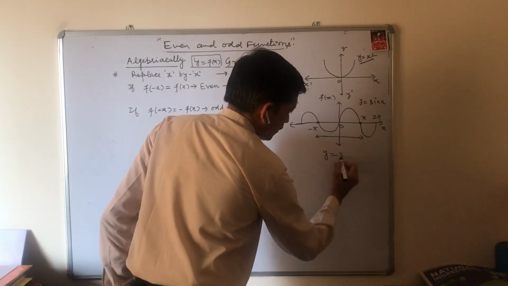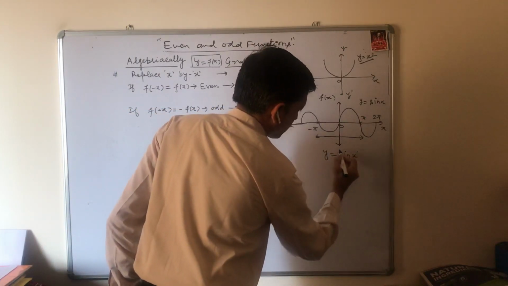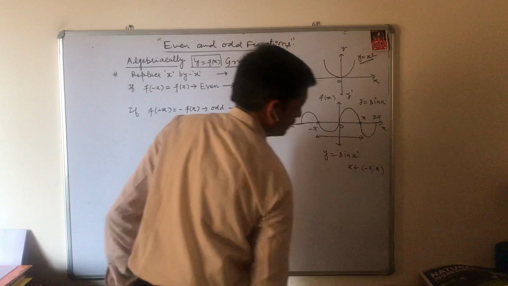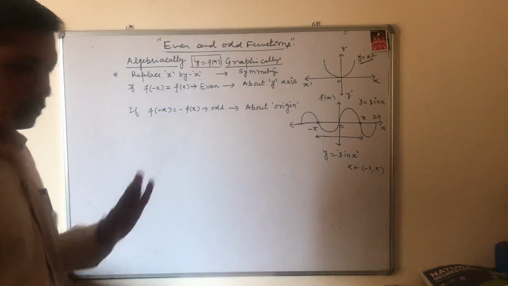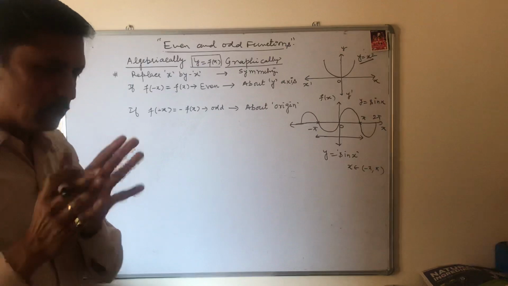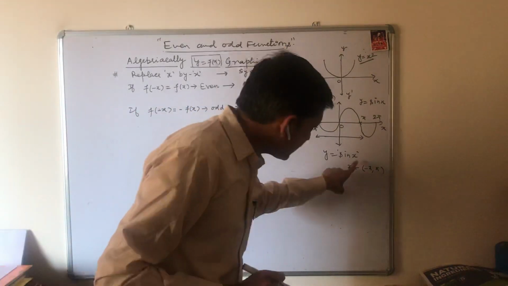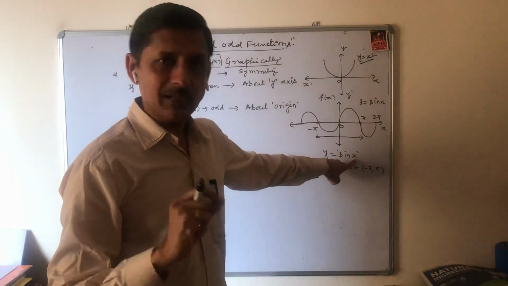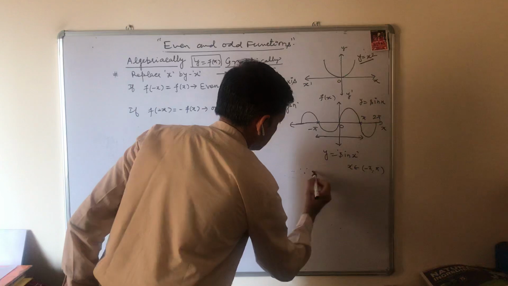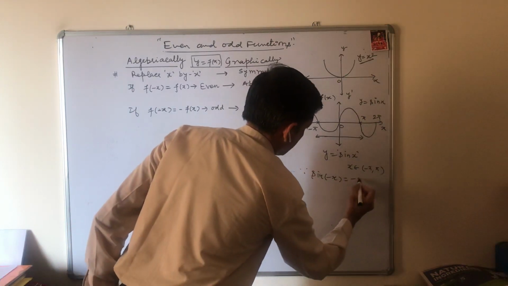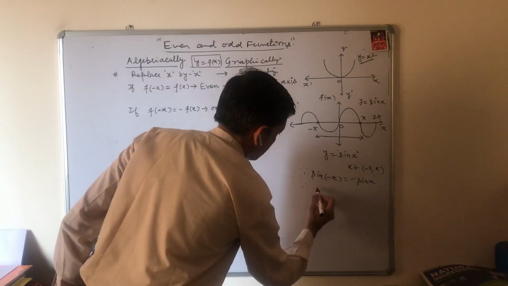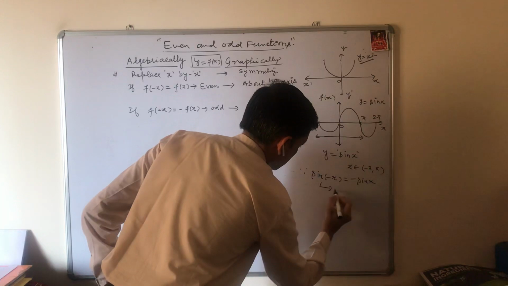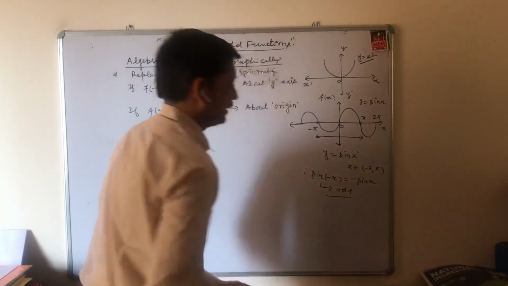If we consider y is equal to sine x in the interval minus pi to pi, how to check its nature? First, the algebraic method. If we replace x by minus x in that interval, what is sine of minus theta? Minus sine theta. Therefore, it is an odd function. This is an algebraic procedure.